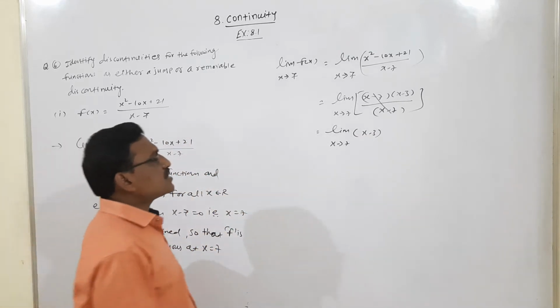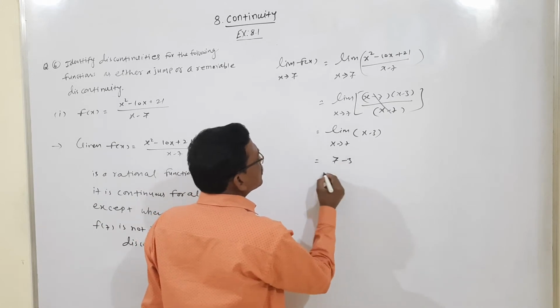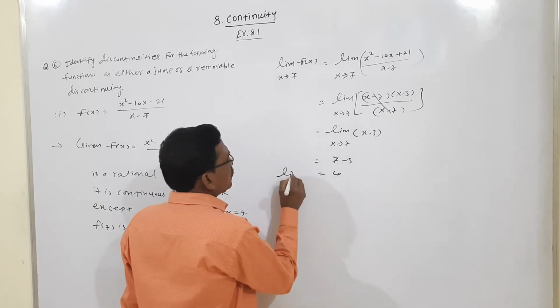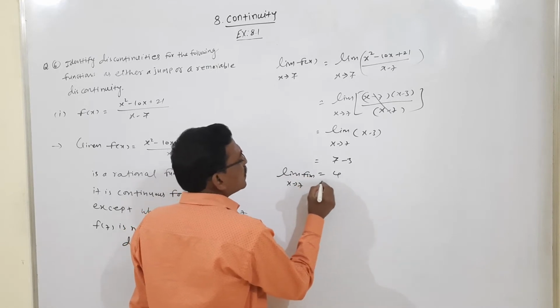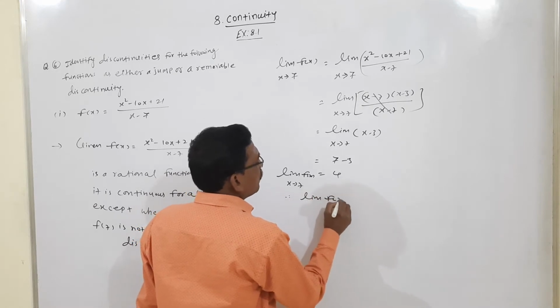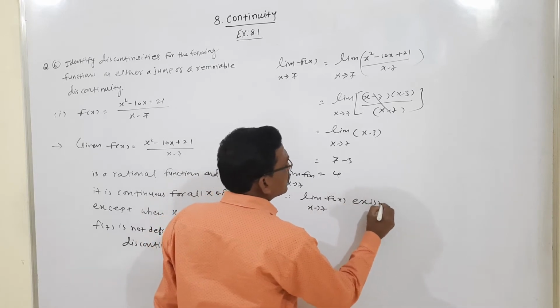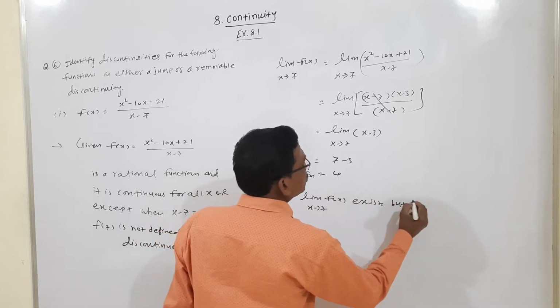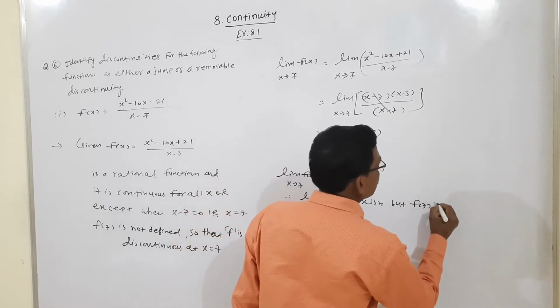Now we apply the limit as x tends to 7. So 7 minus 3, it is 4. So the limit of that function as x tends to 7 exists. Therefore the limit of f of x as x tends to 7 exists. But f of 7, the value of the function at that point, is not defined.